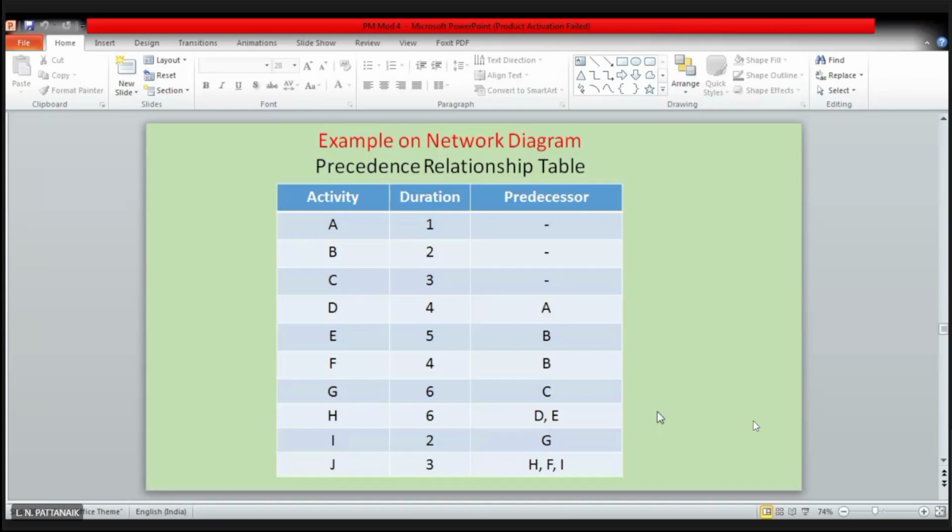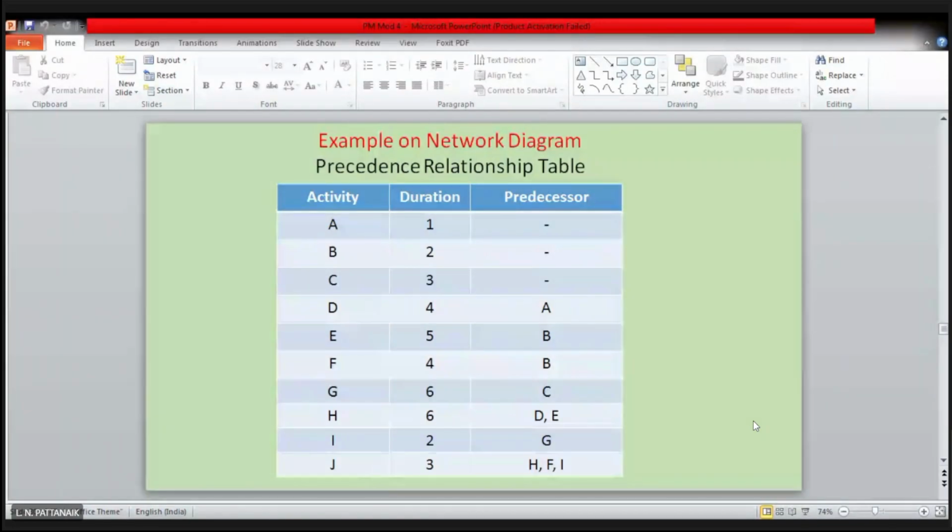Can you take this problem? Note it down or take a screenshot. Yes? Okay, very good. So you take down this problem, and in your leisure time, you just try it.